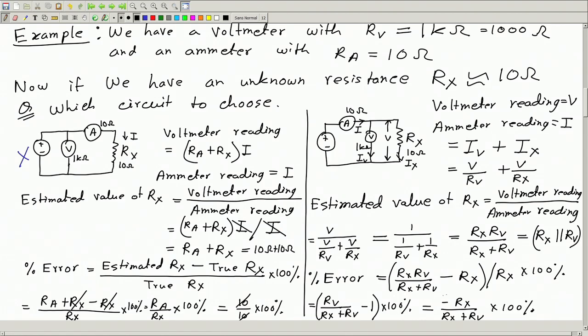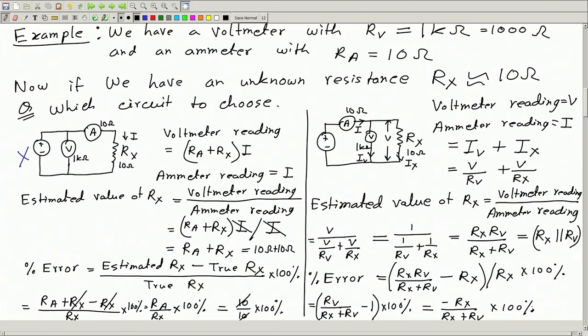This minus sign you can ignore because we are interested in the magnitude of the error, whether it's a positive or negative error is not so important right now. So this will be Rx by Rx plus RV, and this will be close to 0 only if RV is much higher than Rx.